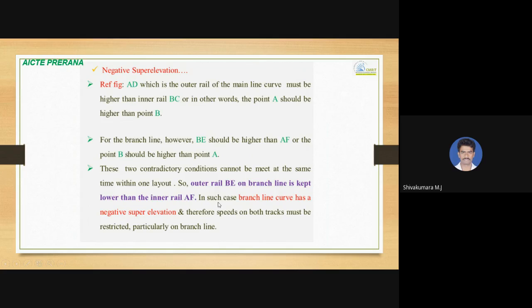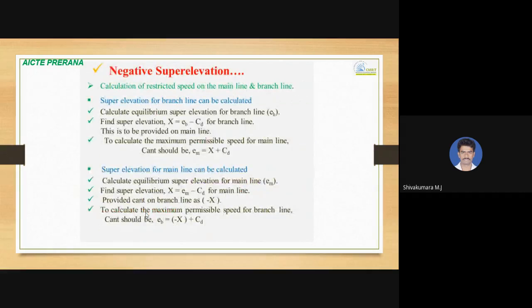So in such a case, the branch line curve has a negative superelevation, and therefore speeds on both tracks must be restricted, especially on the branch line. So without reducing the speed of main line trains, we are going to reduce the speed on the branch line tracks. And now the calculation of restricted speed on the main line and branch line.